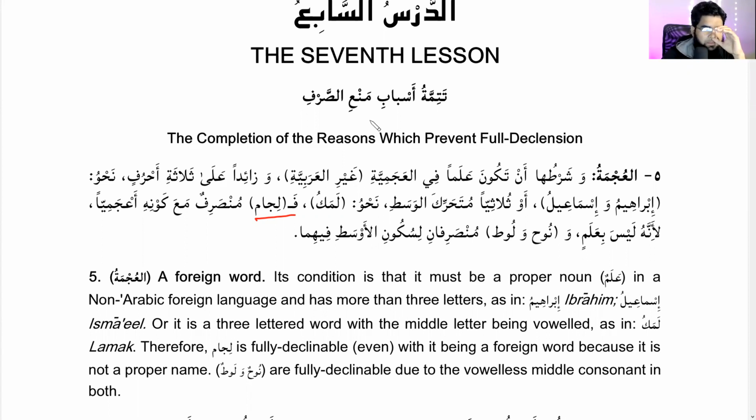Lijam is a bridle, a rein of a horse. So lijam is foreign, but we still give tanween to it. Why? Because it should be a proper name, لأنه ليس بعلم. And Nuh and Lut, ونوح ولوط, منصرفان للسكون الأوسط فيهما, because the middle letters have sukun.